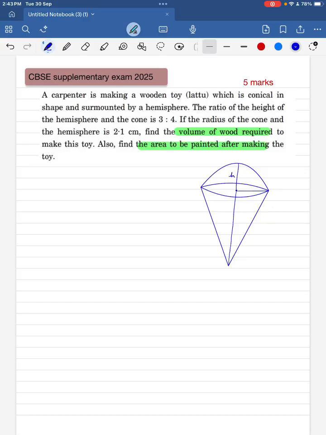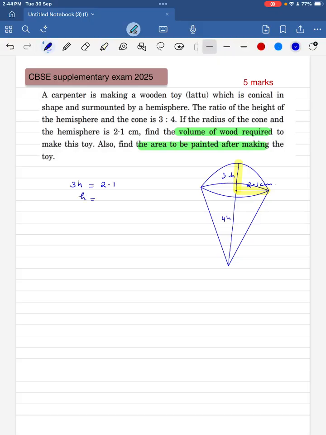So if I take this as 3h, then this would be 4h, the height of the cone. And the radius is given to be 2.1 centimeters. So that means 3h is going to be equal to 2.1. Now, why is it going to be 2.1? Because the radius is the same here and here, and the height of the hemisphere is nothing but the radius itself.